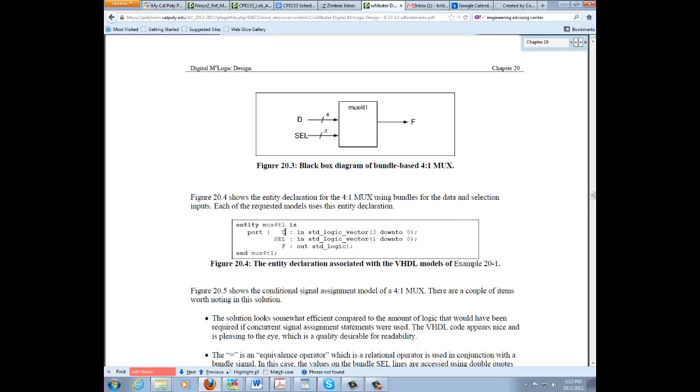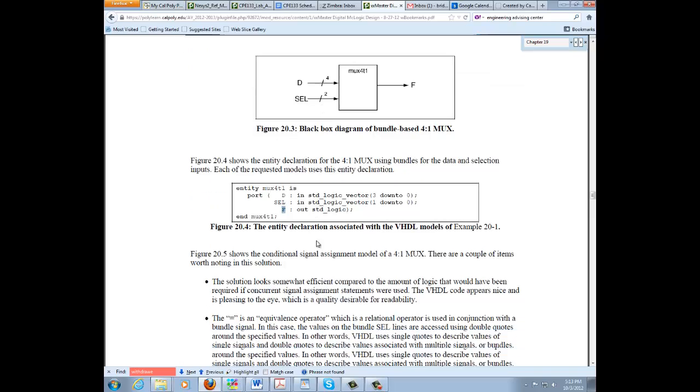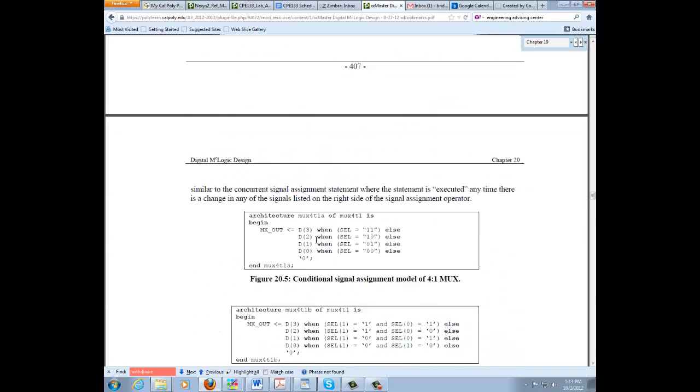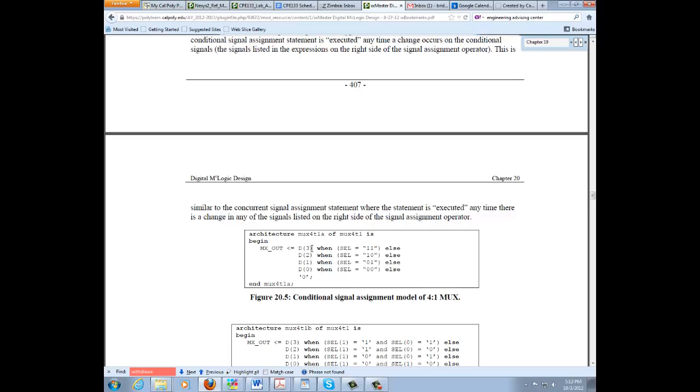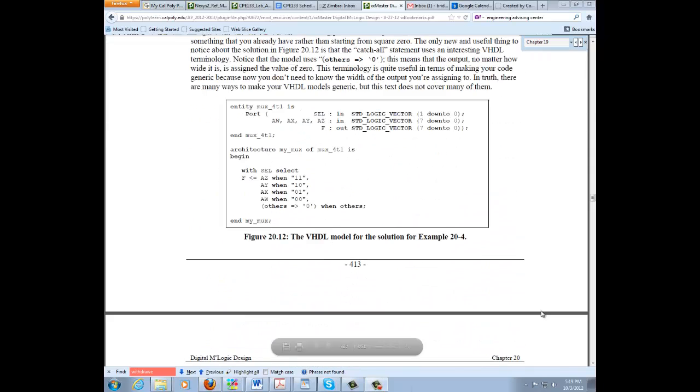Again, we show the two inputs D and sel, and output F. Then the architecture: we're selecting the 3rd bit of D when select is 1, 1. We select the 2nd bit of D when select is 1, 0. We select the 1st bit when select is 0, 1, and the 0th bit when select is 0, 0, else 0. So this is just selecting which of the 4 bits is going to get sent to the output based on the select signal.